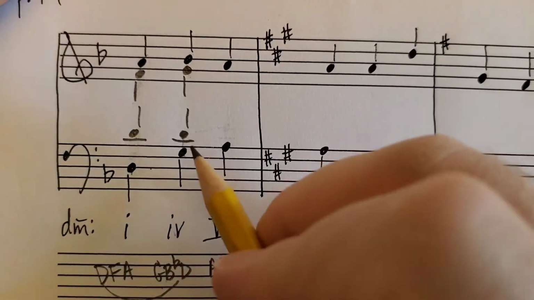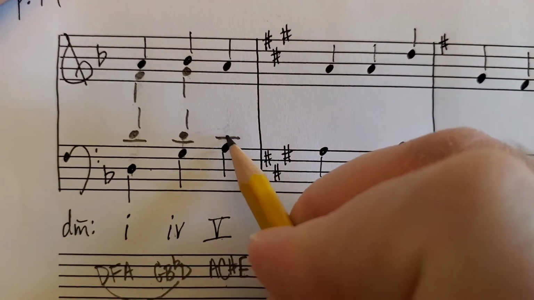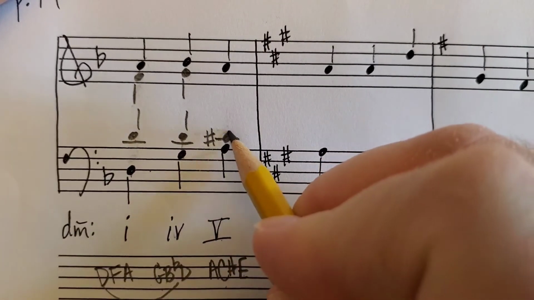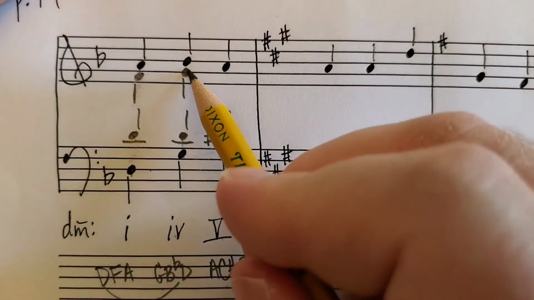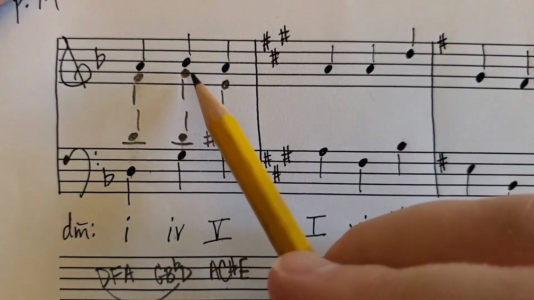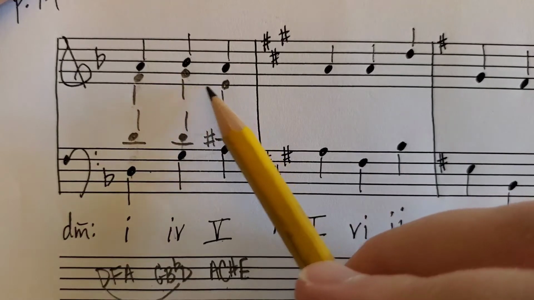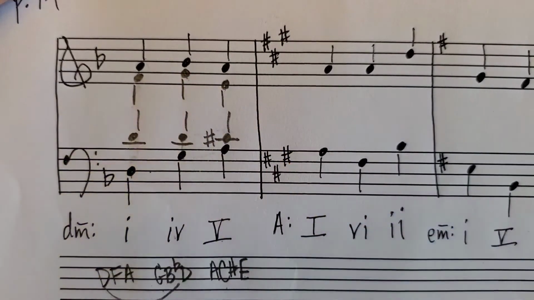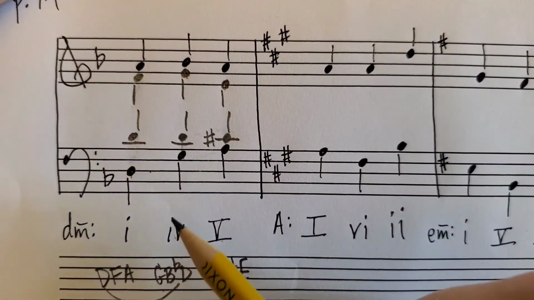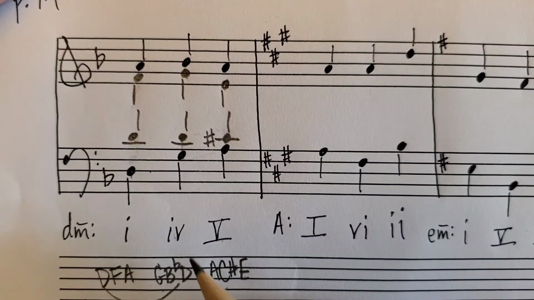Well, what if we move the D to the C sharp instead? Again, don't forget to mark it in because you're in a minor key. Then we can move the G down to the E. Now notice there is a third leap in the alto part. So you're going to find that third leap in either the tenor or the alto or the soprano, depending on the voicing, anytime you move a chord progression up by a second.